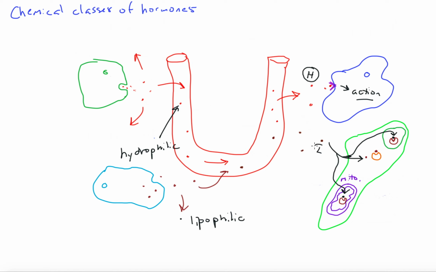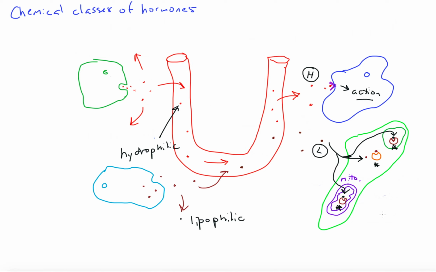Whereas if our hormone is lipophilic, in other words, it's a steroid or a thyroid hormone, then it can bind a receptor in the cytoplasm, right here, the nucleus, right here, or in the mitochondrion down here. And again, if it's in the mitochondrion, it's only the thyroid hormones, not typically the steroid hormones.